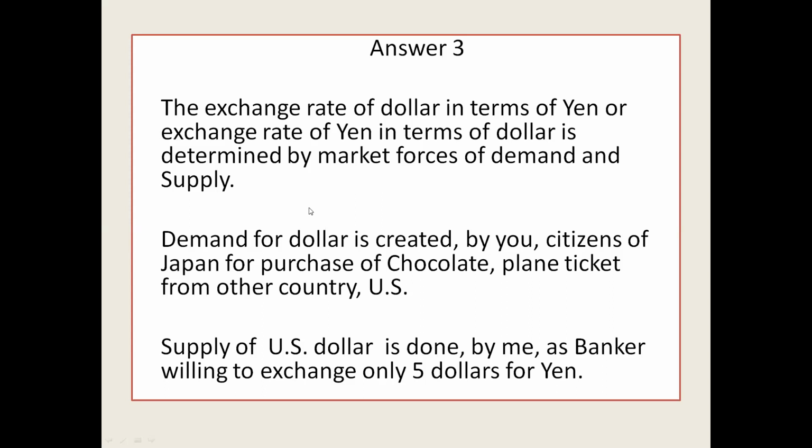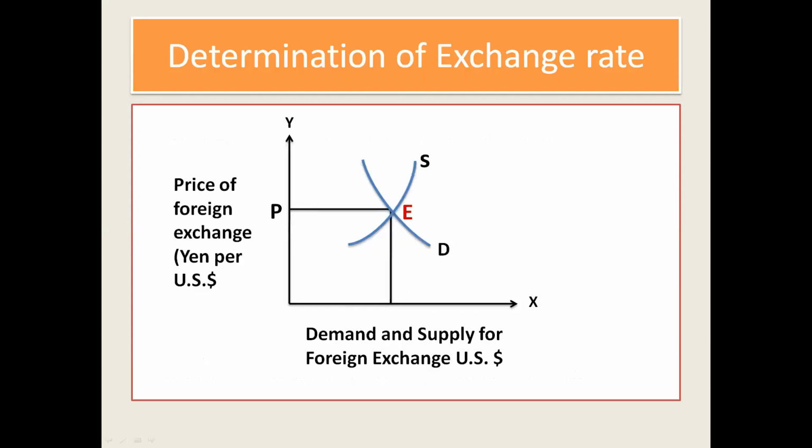The point where market demand for foreign exchange is equal to market supply for foreign exchange is being considered as equilibrium rate of exchange, and diagrammatically this is point E. Corresponding rate which is determined is P.